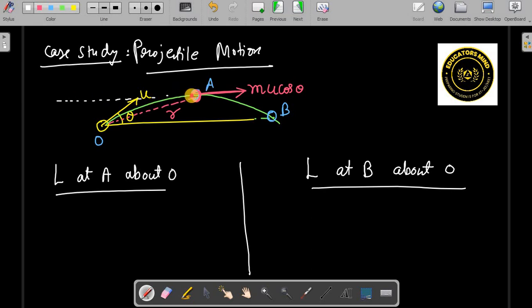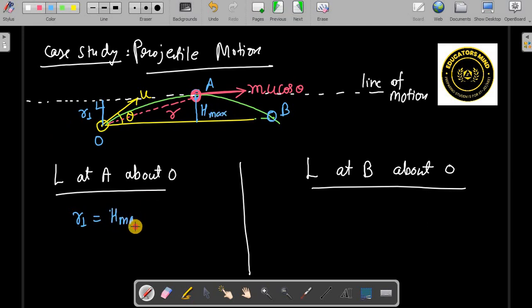Line of motion is horizontal here. You can see this m u cos theta is going to be horizontal. This is called line of motion. So from this point you drop a perpendicular to this. That is what is R perpendicular. And obviously you can see R perpendicular is nothing but the H max, right? The maximum height, H max, which is nothing but u square sine square theta by 2g.